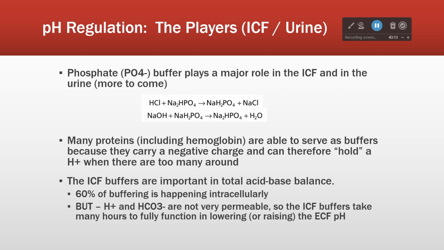What that means is that the hydrogen ions are exchanged. In other words, the extracellular fluid and intracellular fluid exchange hydrogen ions and will have an equivalent pH, but it will take time. The intracellular buffers can take many hours to functionally lower or raise the ECF's pH.